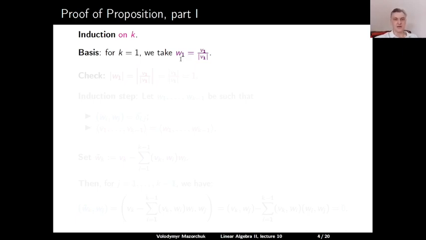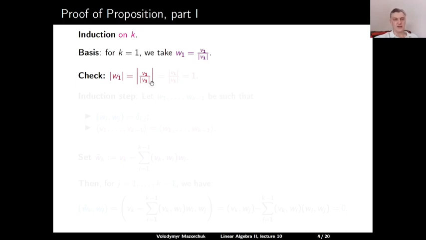So let us check that w1 has length 1. We only have one vector, it doesn't have to be orthogonal to anything, so the only condition to check is that it has length 1. The length of w1 is equal to the length of v1 divided by the length of v1.